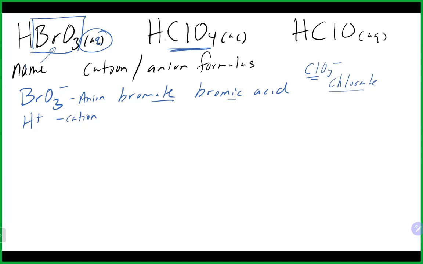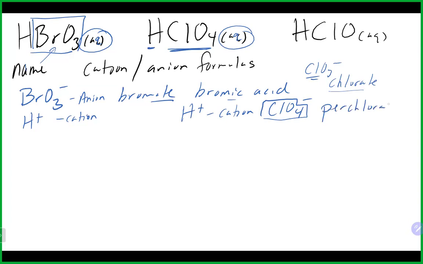All right, same thing here. Looking at that, it's an acid: I've got a hydrogen and an aqueous situation happening here. So that is H plus for my cation. ClO4 minus, going back to that chart to find it, is perchlorate. Once again, it ends in ate, which means my acid should end in ic.